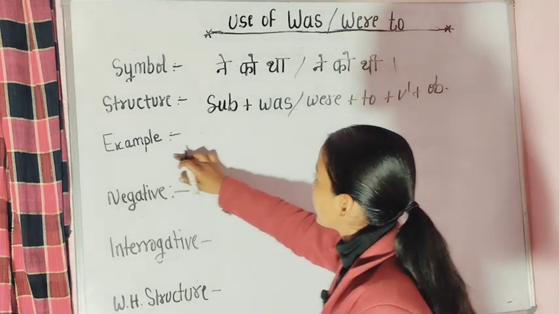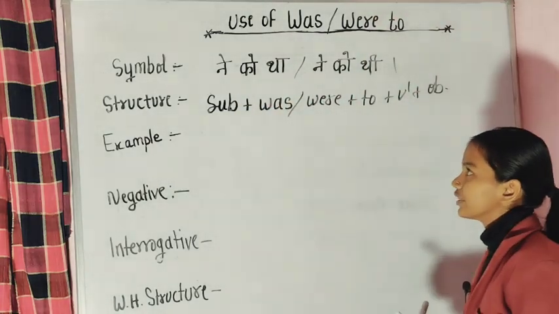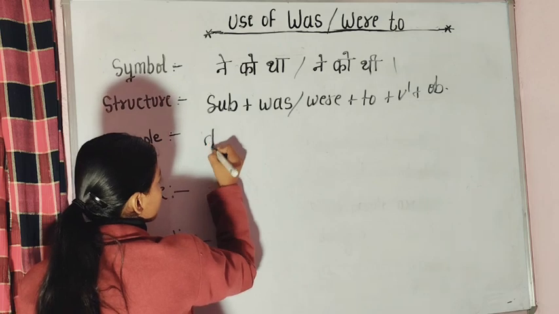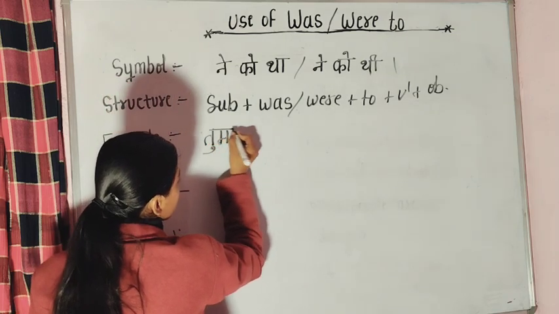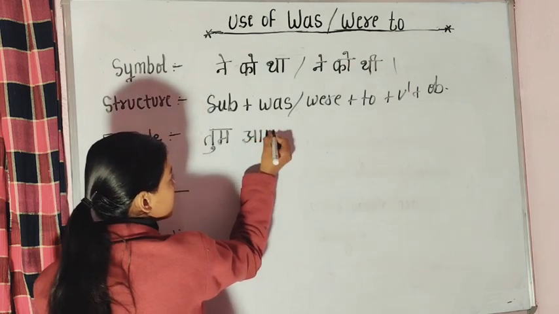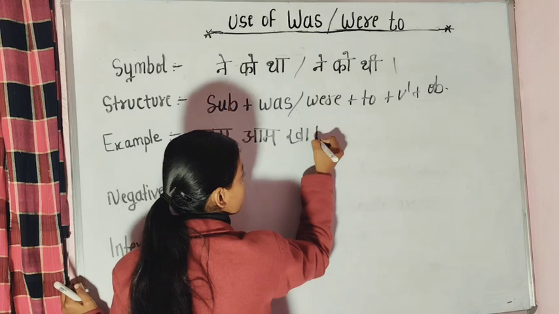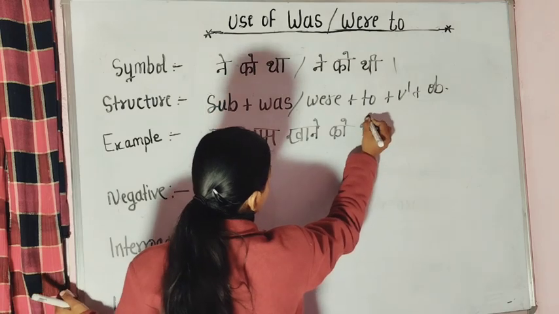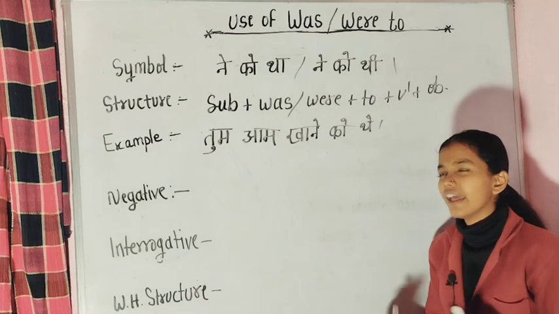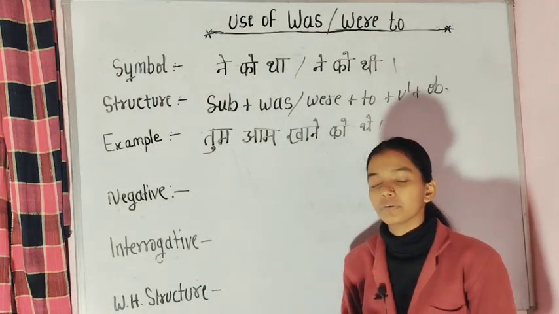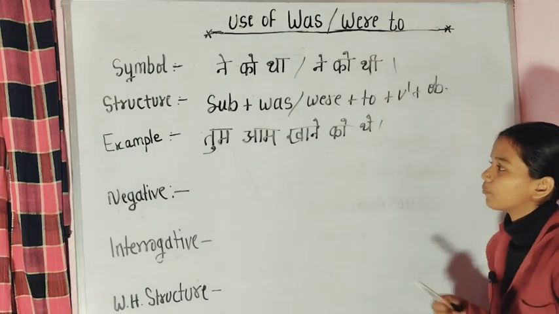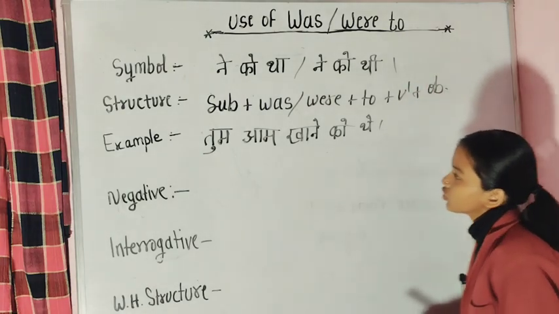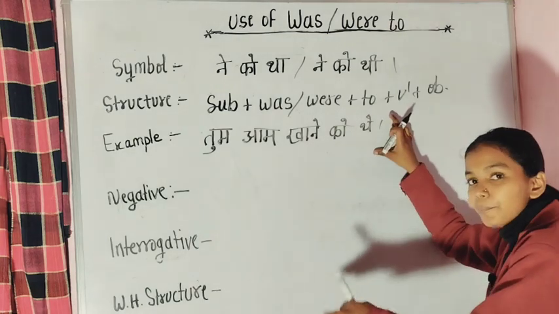We use the symbol "neko tha", so I'm going to make a Hindi example: तुम आम खाने को थे. You can take any example, like तुम सेब खाने को थे, or तुम grapes means अंगूर खाने को थे, or तुम पटना जाने को थे. It means he was about to go but it got cancelled.